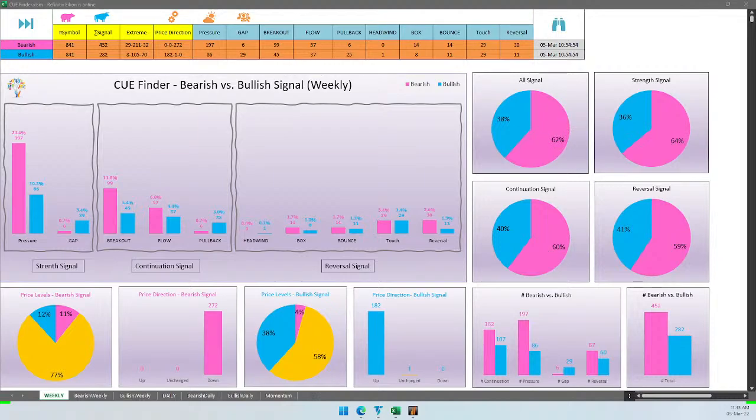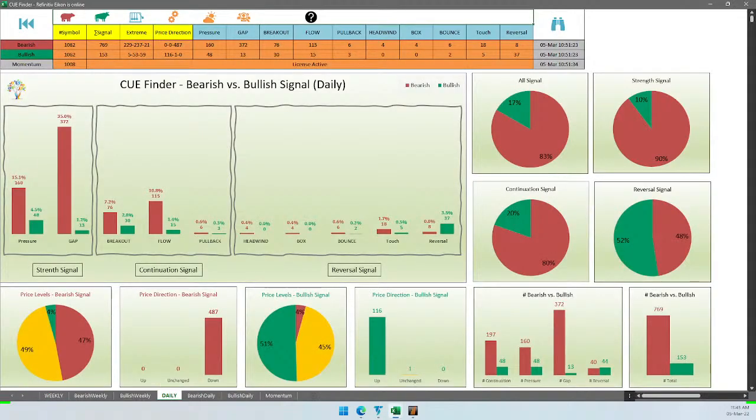Not too much bearish, none of the categories are showing more than 80% bearishness, so it's not too much bearish but bearish. And Friday, okay, here we have severe bearishness in terms of all signal, strength signal, trend continuation signal. So they are approaching the oversold level. When it goes to 80-90%, then it's oversold level.